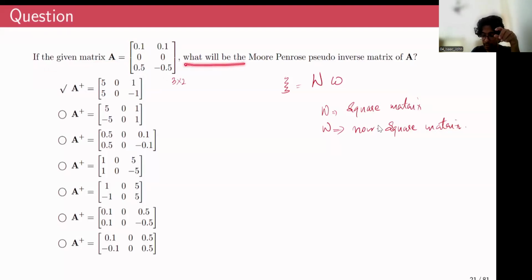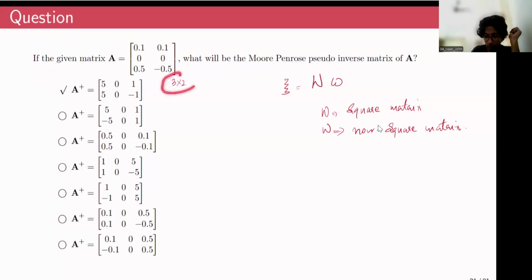So what will be the Moore-Penrose pseudo-inverse of matrix A? In case of a non-square matrix, we have something called a Moore-Penrose pseudo-inverse. Depending on whether the number of rows or the number of columns is higher, there are 2 different kinds of Moore-Penrose pseudo-inverse.